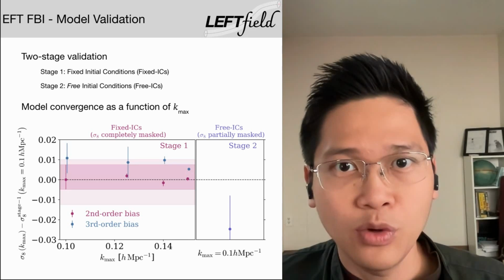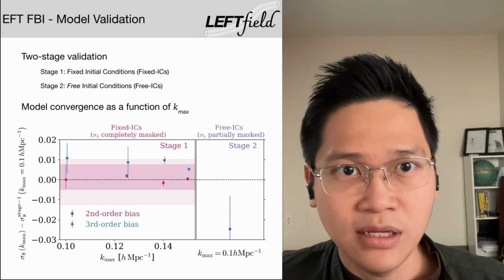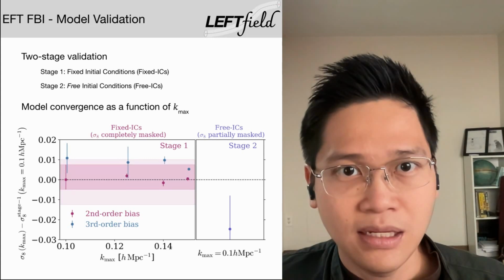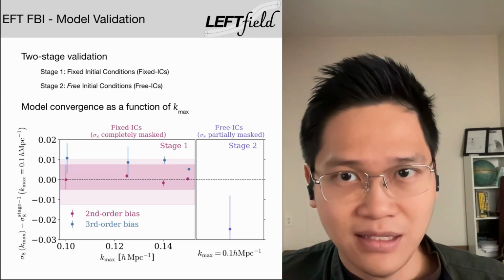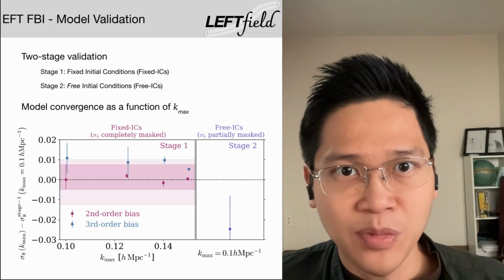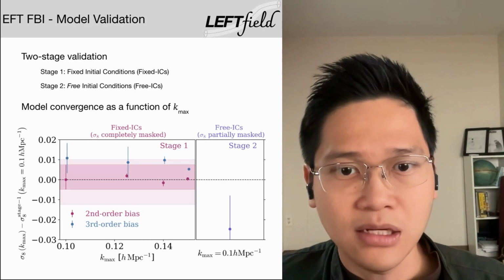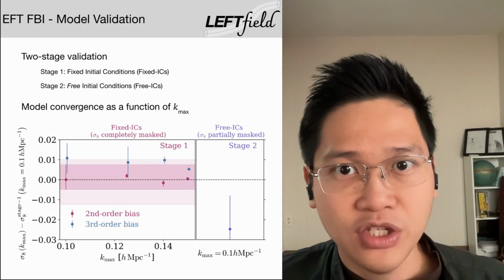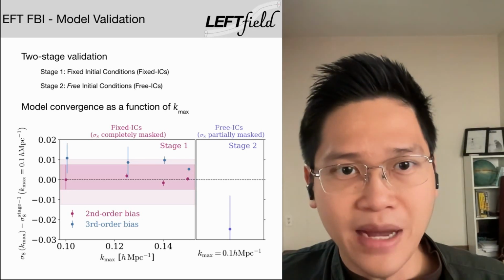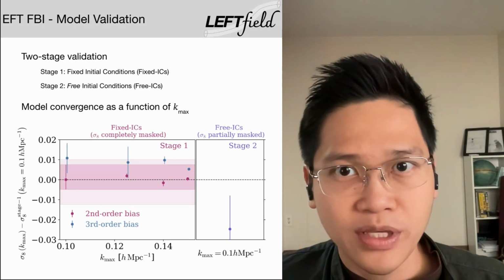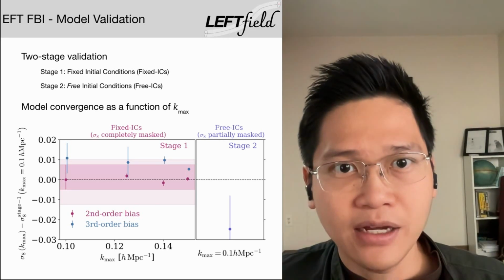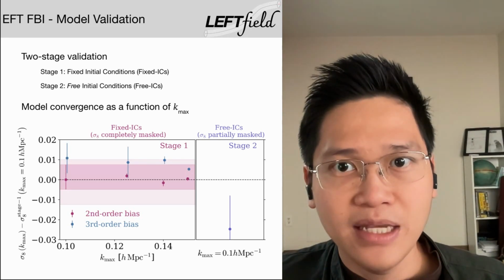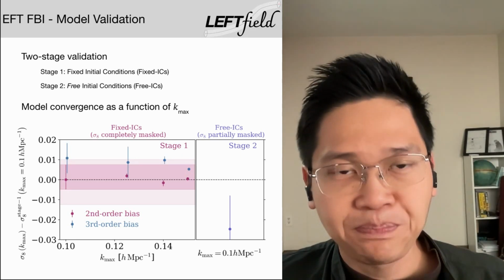In the paper, you will find details about these choices, but here I'm showing sigma 8 convergence on the y-axis as a function of Kmax on the x-axis for 2 EFT bias models, the second and the third order bias expansions. For both stage 1 and stage 2 submissions, pre-unmasking, we settled with the second order bias model and a Kmax of 0.1 h per megaparsec, based on the results of this test.